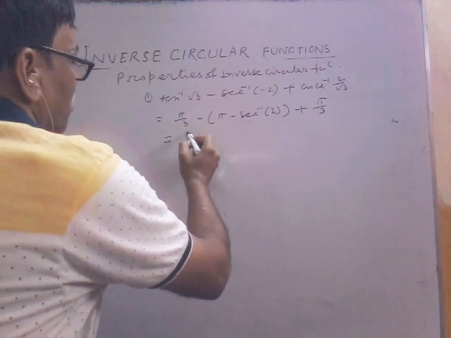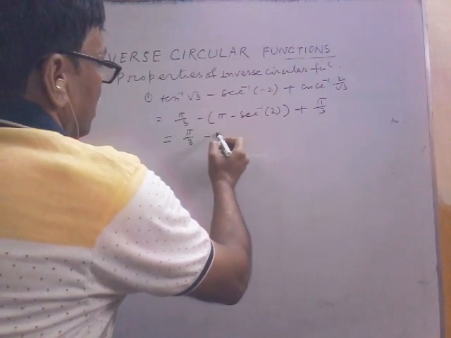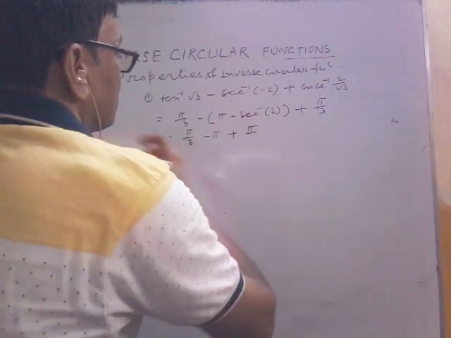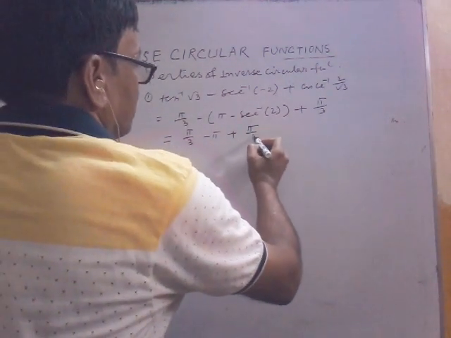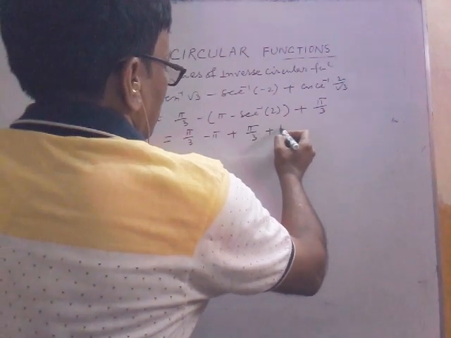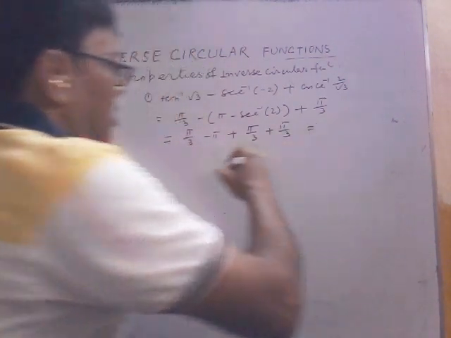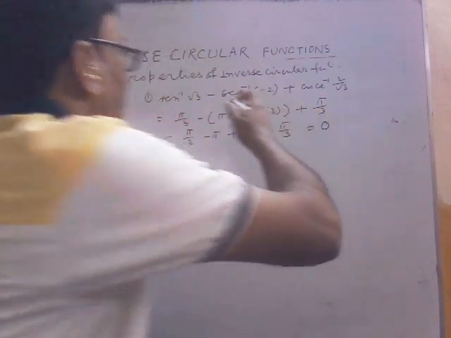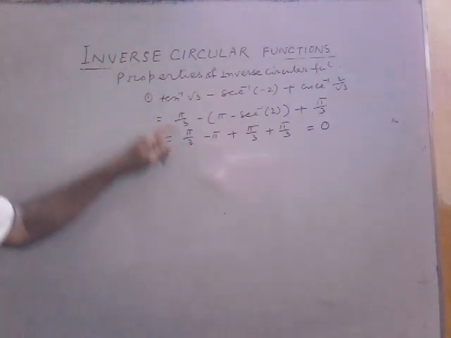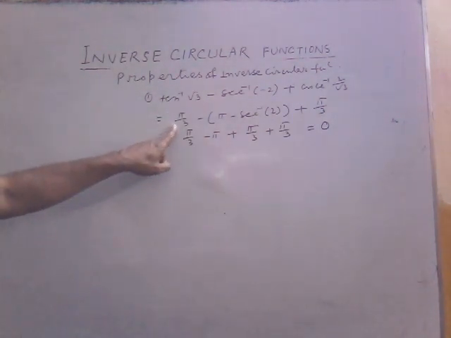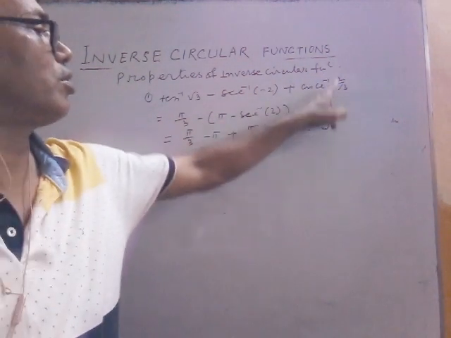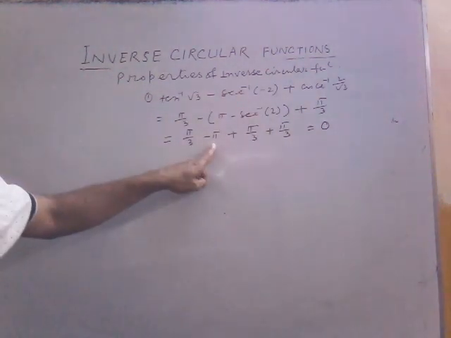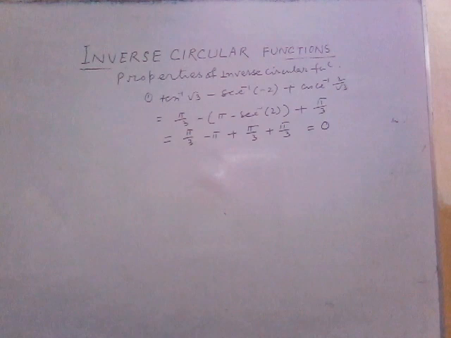So pi by 3 minus pi plus, this is again pi by 3, plus pi by 3. So what is the final value? Final value is 0. Look again, tan inverse root 3 is positive, pi by 3. This one is also positive, pi by 3. Pi minus this. So minus, so the final result is 0.